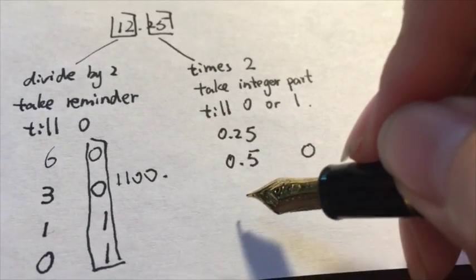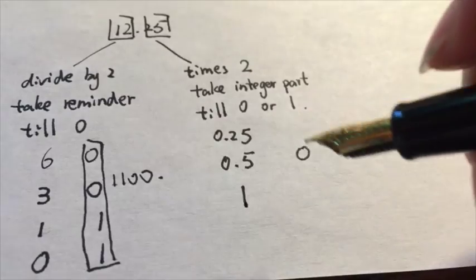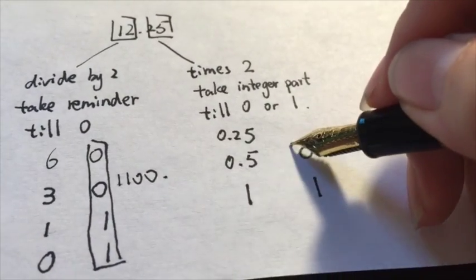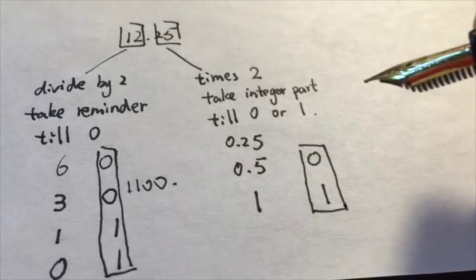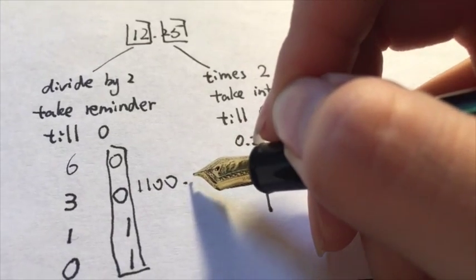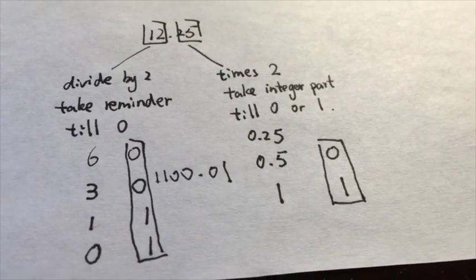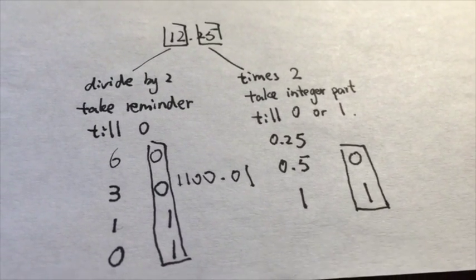Then we times 0.5 again by 2, we get 1, and the integer part is 1. And we arrange it in the right sequence, which is 1100.01. And this is how to convert from decimal numeral system to binary numeral system.